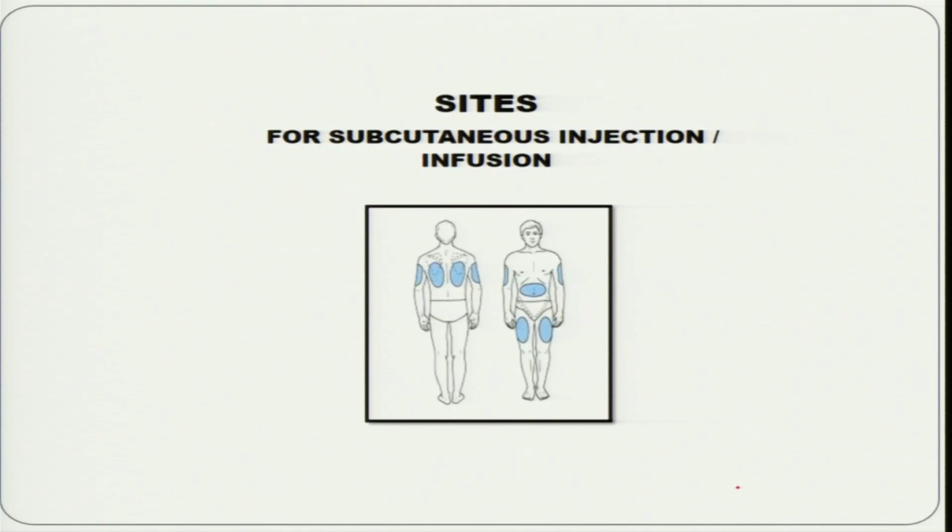It is on the back side of the thorax, chest wall, on the side of the arms, even forearms you can select, on the abdomen and front side of the thighs. These are the common sites where you can put a cannula and give drugs via subcutaneous route.